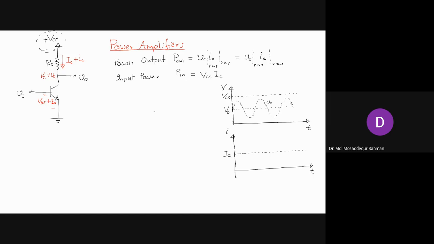Now superimposed on this collector current will be our small signal current ic, and that will look like this when you superimpose the signal current on the bias current. It will be something like this. So that is our small signal current ic.